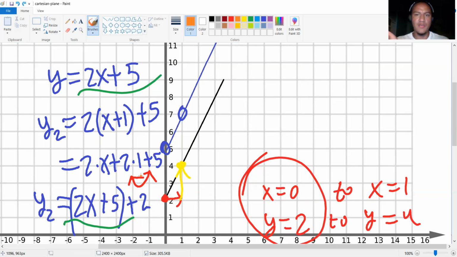And I'll just use colors again to emphasize. I've added 1 to x right here. And when I add 1 to x, simple algebra will tell me that I get the same thing again, except now I have added plus 2 to the total. So that's how slope works.